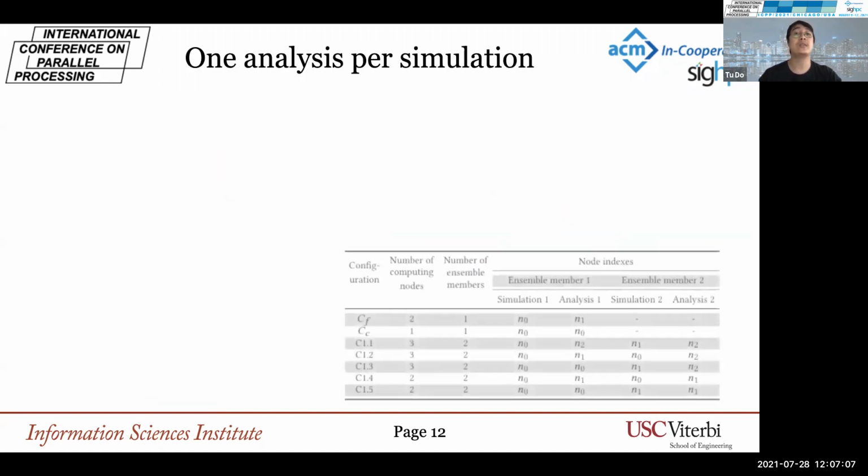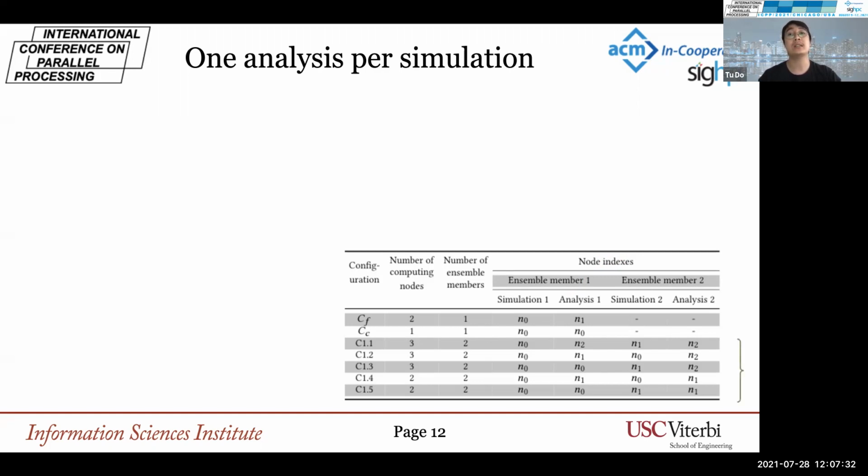And for the experimental results, we explore several configurations of the workflow ensemble. Each configuration specifies the number of compute nodes, the number of ensemble members in the workflow ensemble, and also the node index to specify how the simulation and analysis are mapped onto the set of compute nodes allocated for the workflow ensemble.